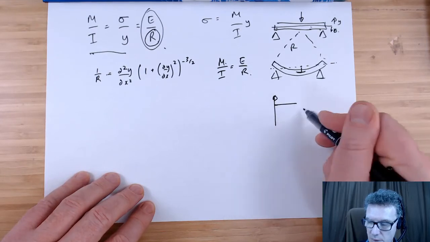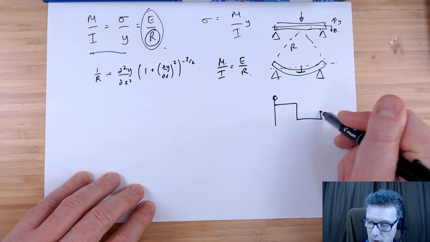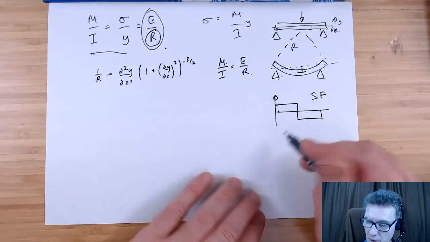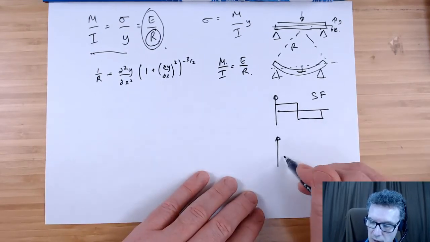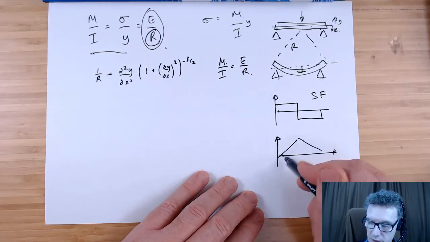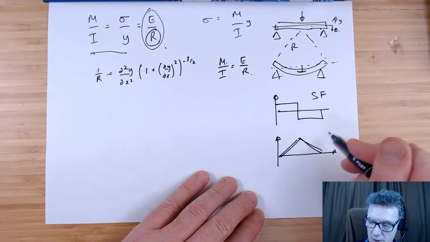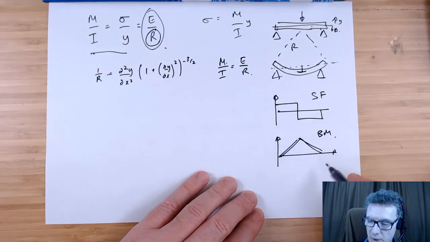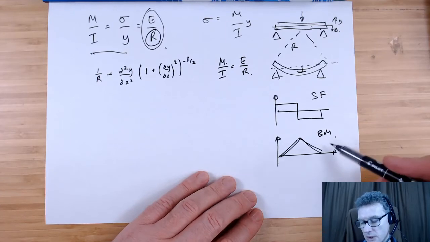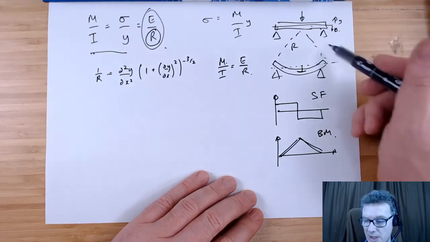So we're going to go up, down, back up again. So that's my shear force graph. And then if I do my bending moment graph, that's going to go up and up. So it's going to be positive. That's my bending moment graph. And we're using the UE convention. Positive M means that we get sagging.